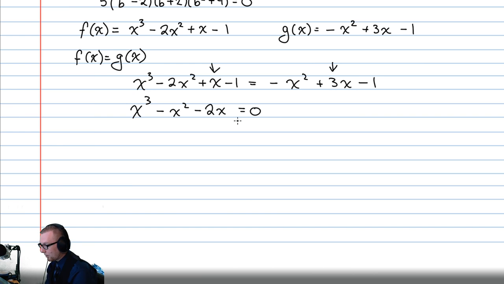Greatest common factor: is there something you can take out? X. What are you left with inside? X squared minus x minus 2, equals 0. Can you factor the inside?